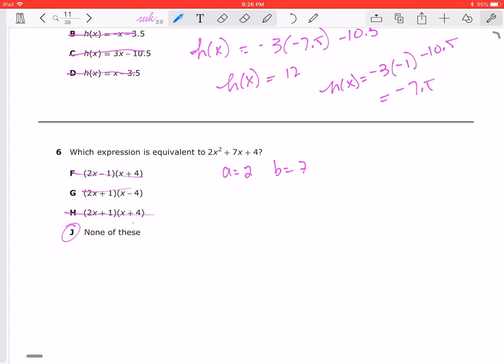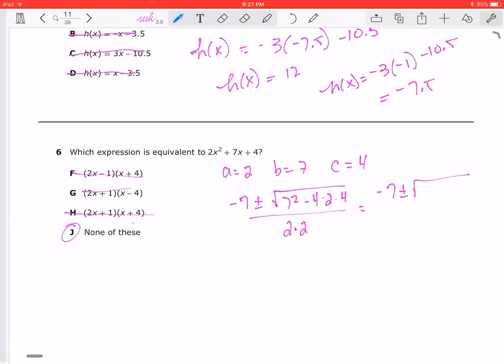Let's look through this. My A value is 2, my B value is 7, and my C value is 4. So that's going to be negative 7 plus or minus the square root of B squared, which is 7 squared, minus 4 times the value of A, which is 2, times the value of C, which is 4, all over 2 times the value of A, which is 2.